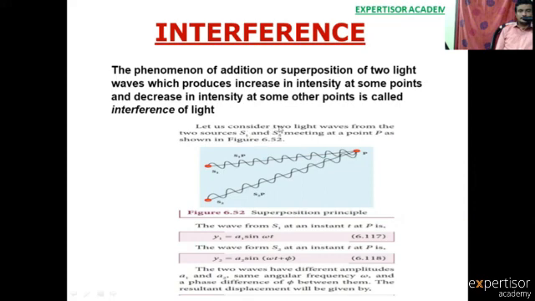Let us consider two light waves from the two sources S1 and S2 meeting at a point P, as shown in this figure.